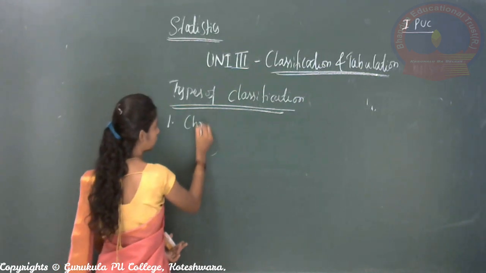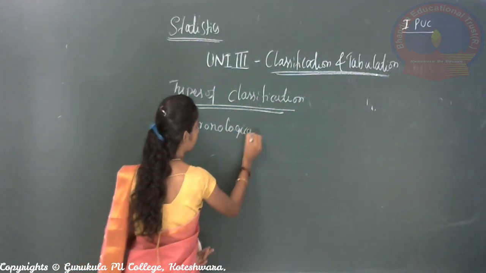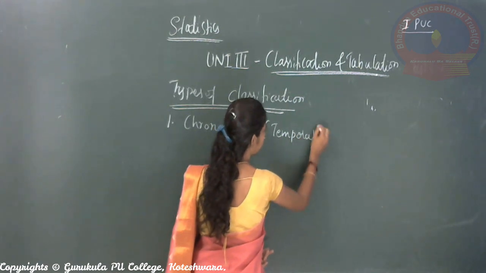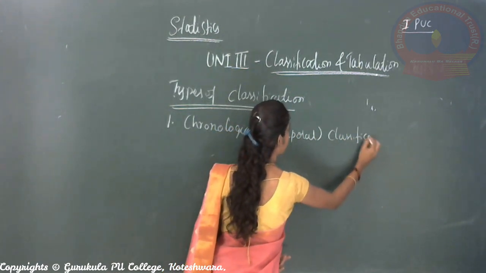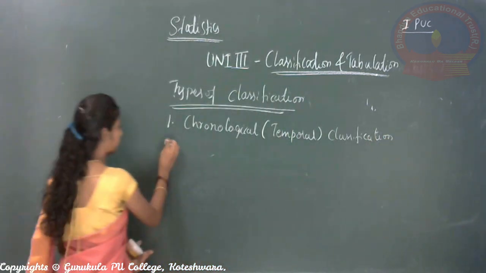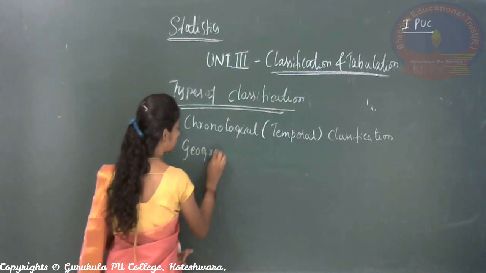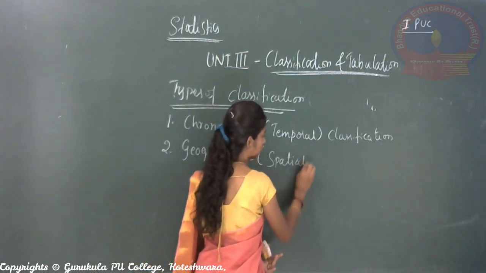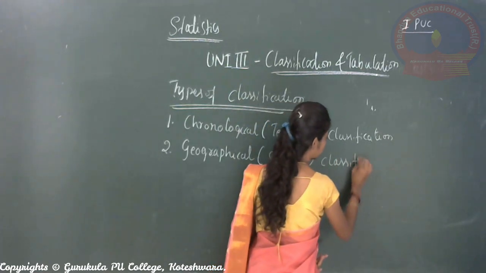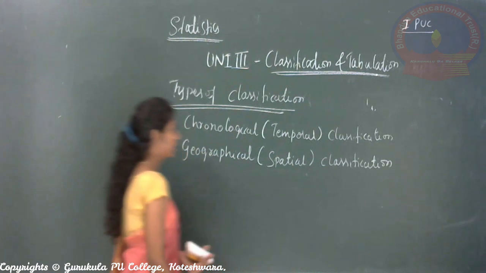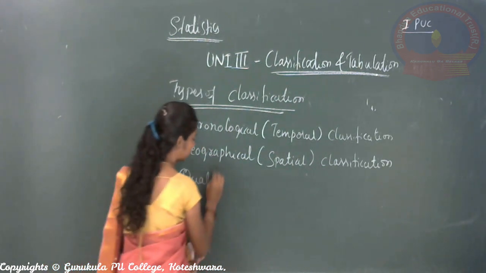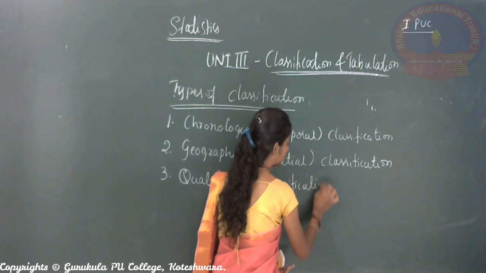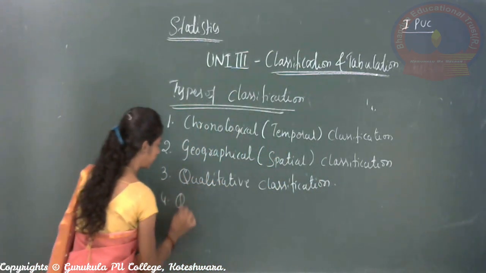One is chronological, or another name for this classification is temporal classification, and second one is geographical, or another name is spatial classification, and third one is qualitative classification, and fourth one is quantitative classification.